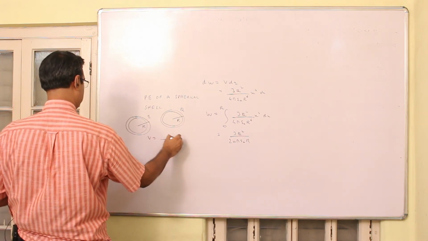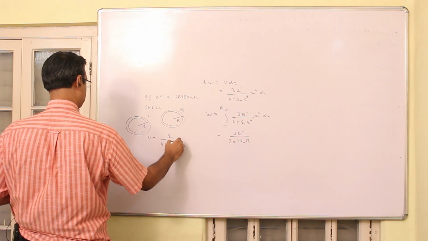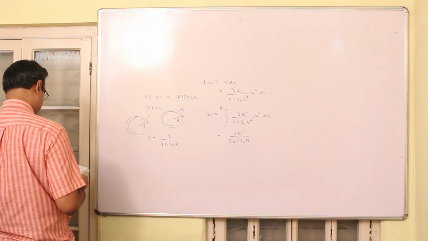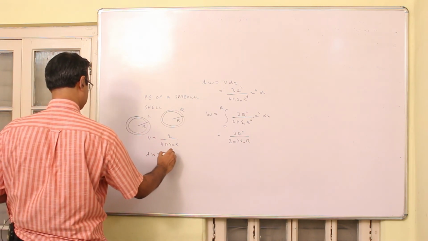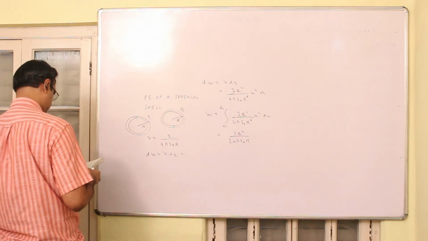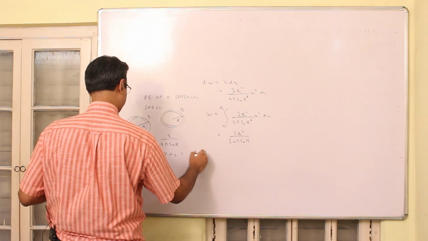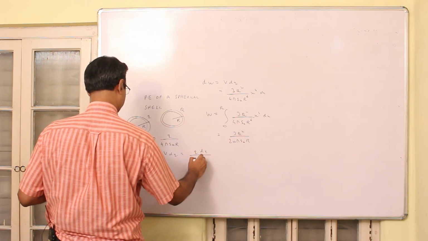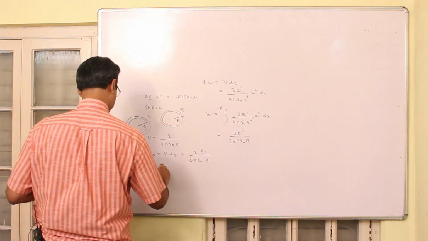So the potential at the surface will be q by 4 pi epsilon naught capital R. Now you want to bring some more charge dq. So the work done will be v into dq. That is q dq by 4 pi epsilon naught R.